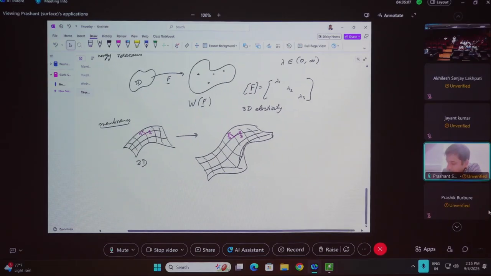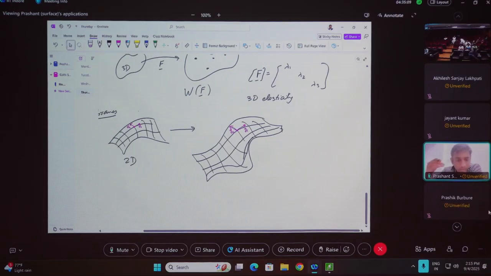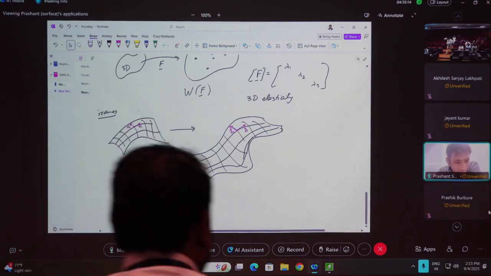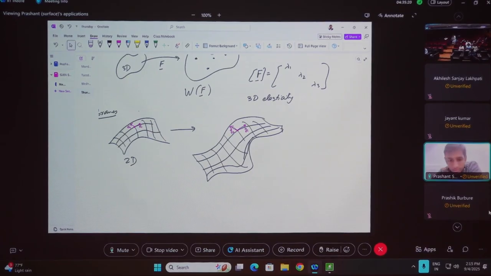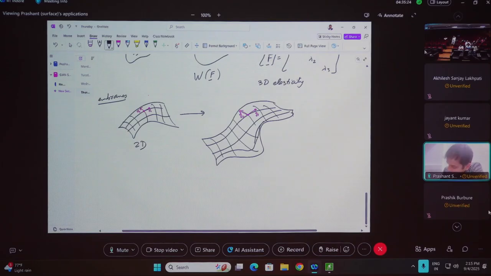And of course, these capital G1, G2 and small g1, g2 will keep on changing depending on different locations inside the membrane. And remember that yesterday we were able to find out the stretches based on this metric tensor. So locally, we can find out two stretches now.